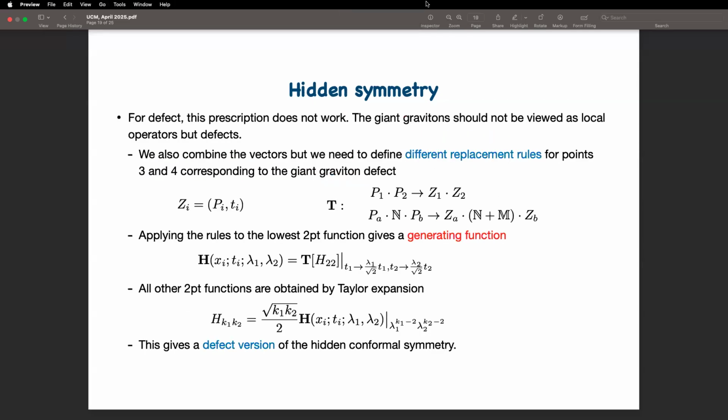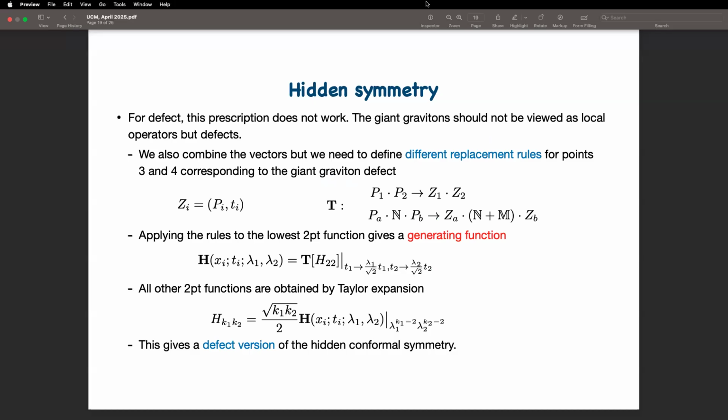Now, their prescription does not work for our case. You can try, but you find it's actually not working. And the reason is because we should not think of giant gravitons as local operators, at least in what we are doing here, but we really should think of them as defects.